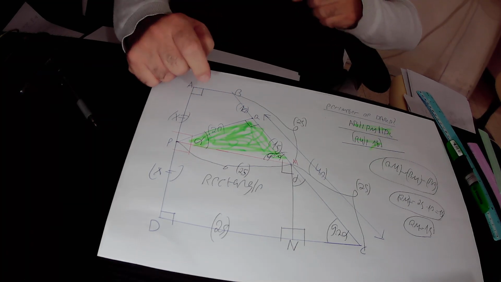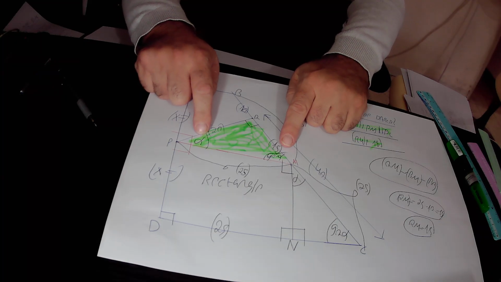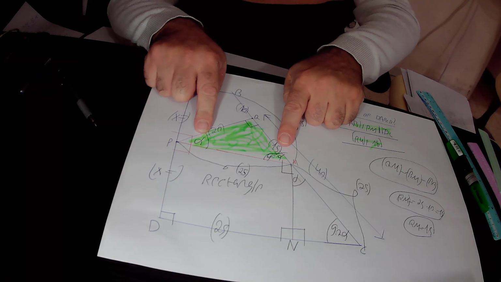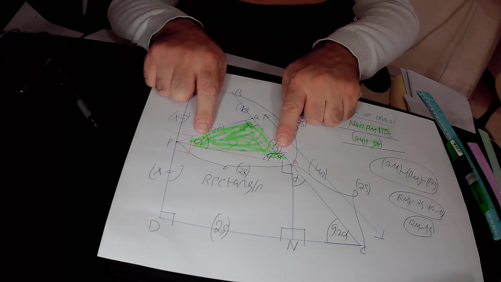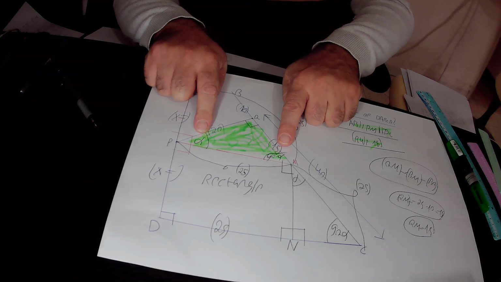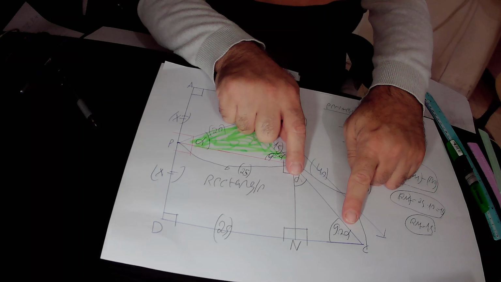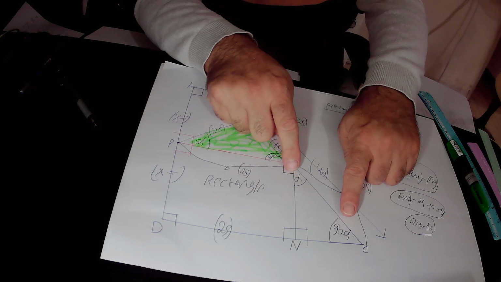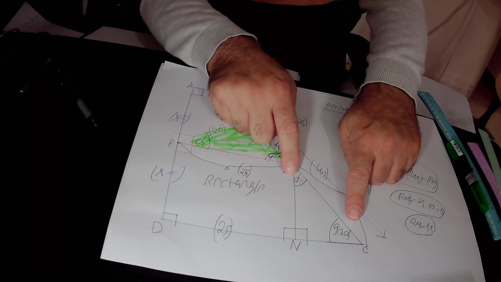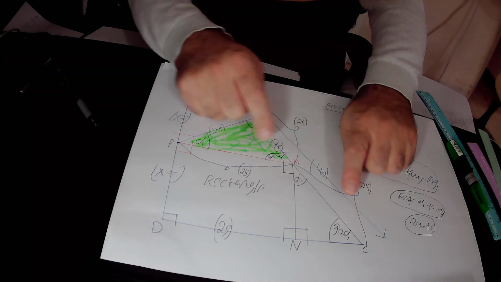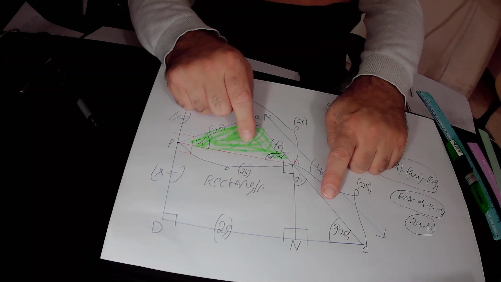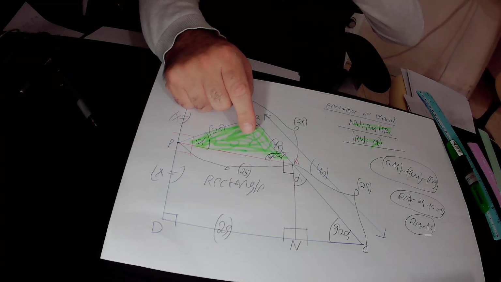That is to say, we prove that those two angles and the side that is included between those two angles, the first side PM, in this green right triangle PQM are correspondingly equal to those two angles and the side that is included between those two angles, that is actually side MC, in this lower right triangle MNC. Therefore, those two right triangles can go into each other according to the angle side angle rule. So I'll write it down.